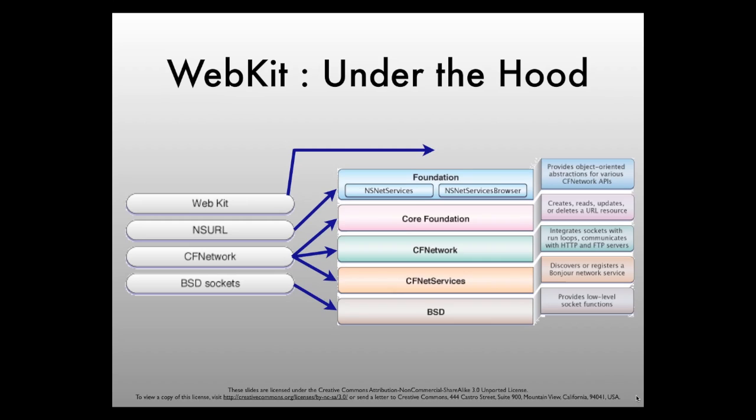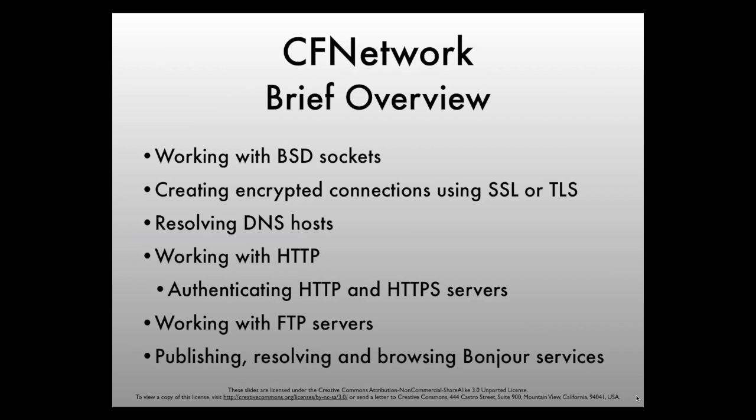It handles things like managing URLs and figuring out where servers are and handling the DNS inquiries. Then you've got the core foundation network and the services, which I'll talk about in a second. And these, in kind of standard networking stack fashion, handle higher and higher levels of abstraction. You can dig down as far as you want and get all the way down to the socket layer if you want to, the BSD socket layer, which it's built on.